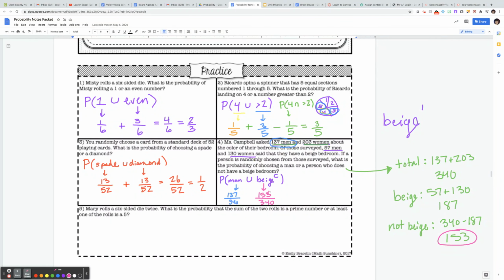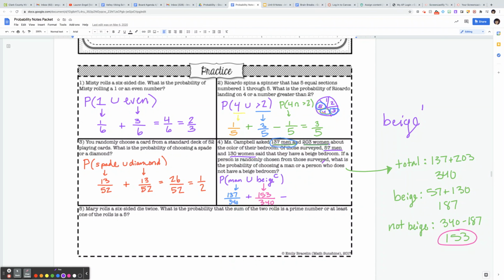Those I can add together, but I have to subtract out however many people we have in common.